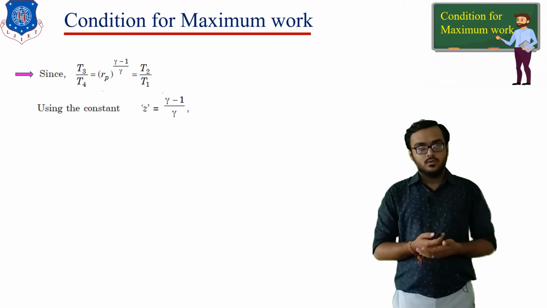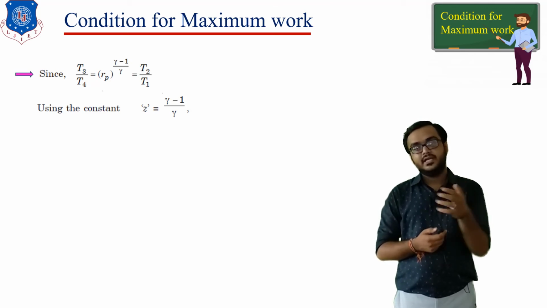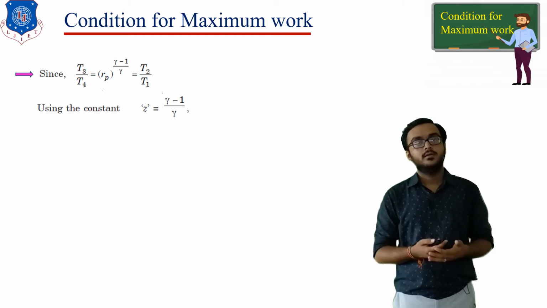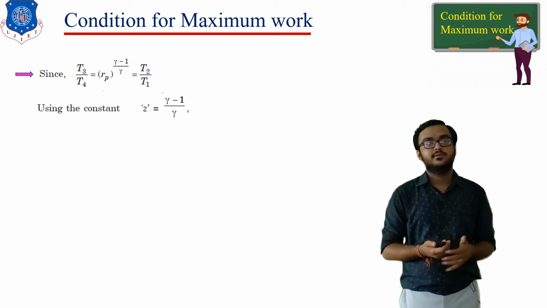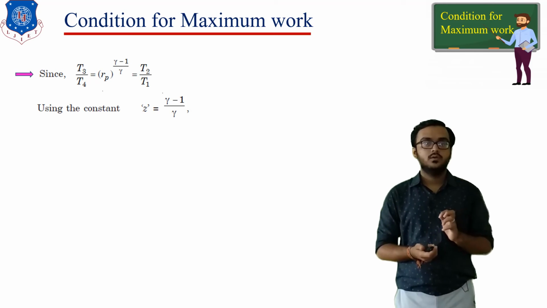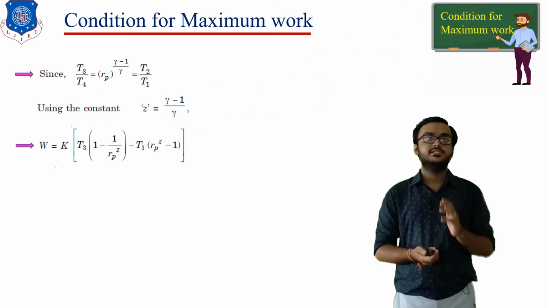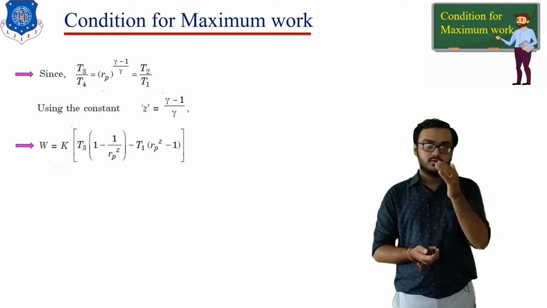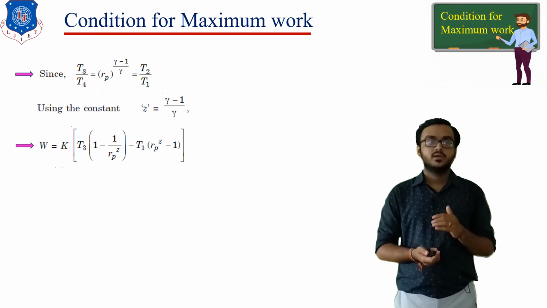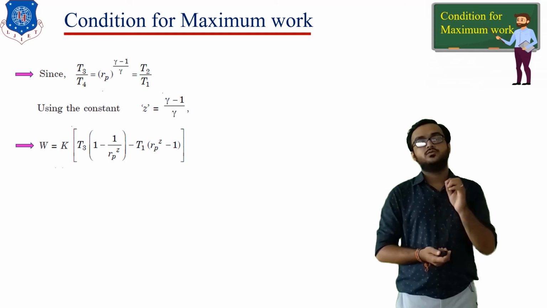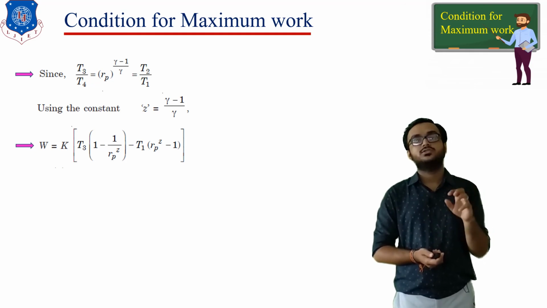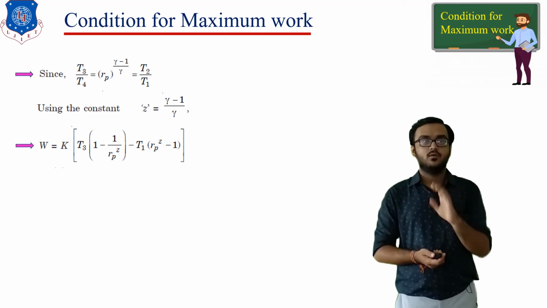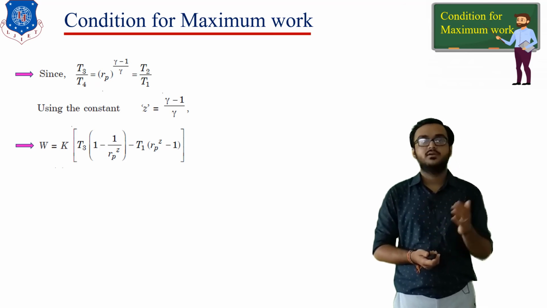Based on this, we simplify our main equation, and to avoid confusion and complexity, just assume (gamma minus 1) upon gamma is equivalent to Z. So we have this expression: work done is equal to K into [T3 into (1 minus 1 upon Rp raised to Z) minus T1 into (Rp raised to Z minus 1)], where K is the constant, the product of mass flow rate multiplied by specific heat, which generally remains constant because it does not affect the work done.